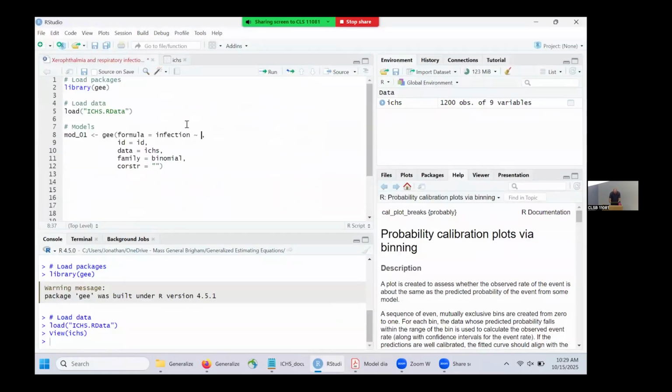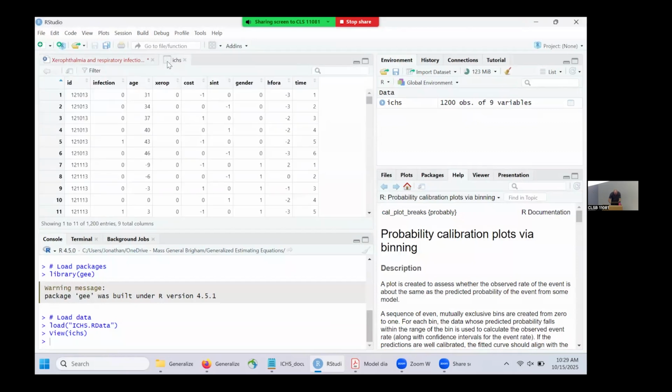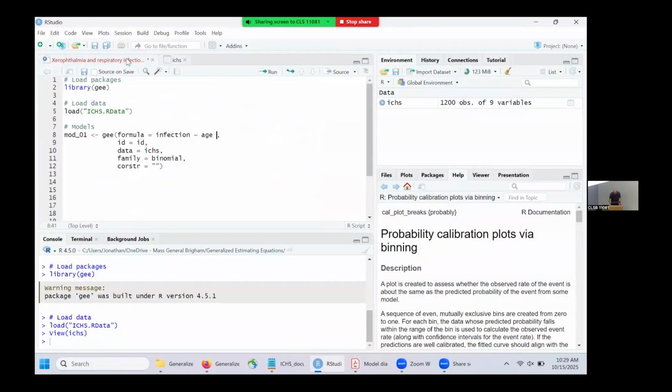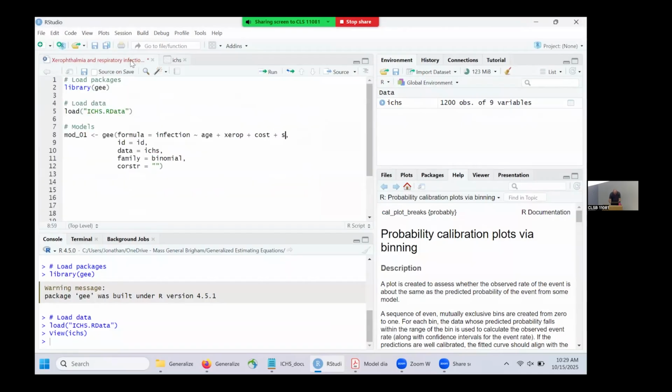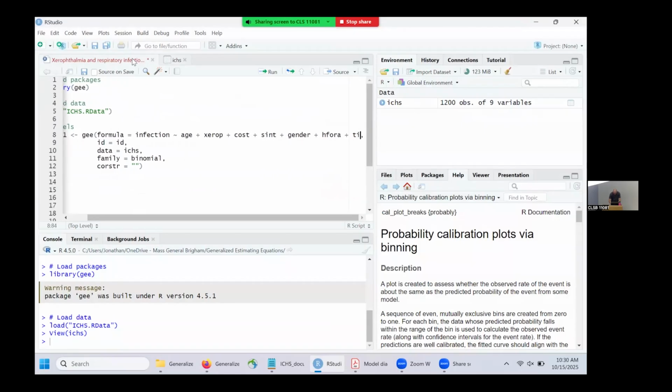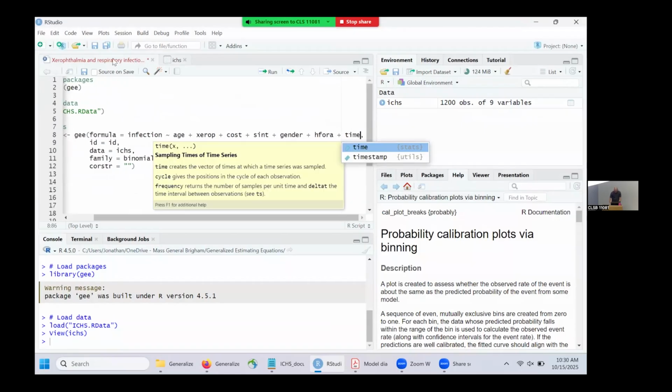Sorry, you have to type them all. That's okay. I'll survive. Cos T, sin T, gender, H for A, and time. Yeah, let's see what happens.